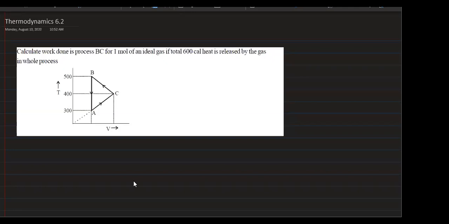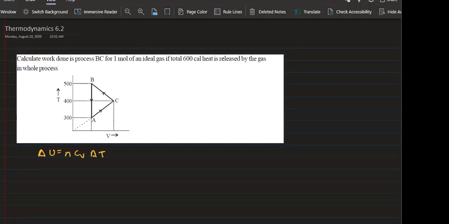Then I can say that the basic formula of delta U is nCv delta T. This is my basic formula. Yes or no? Got it, everyone?